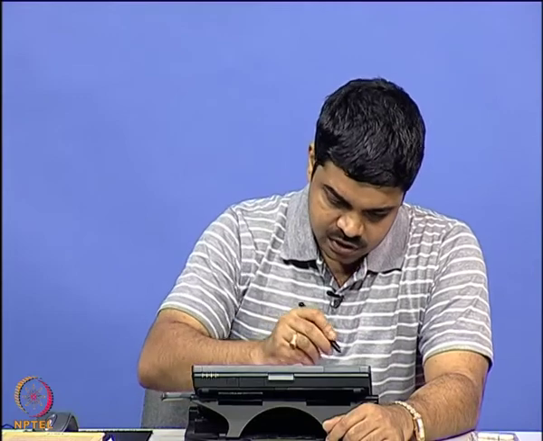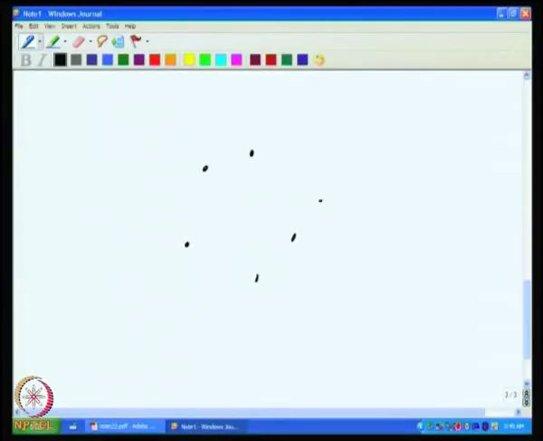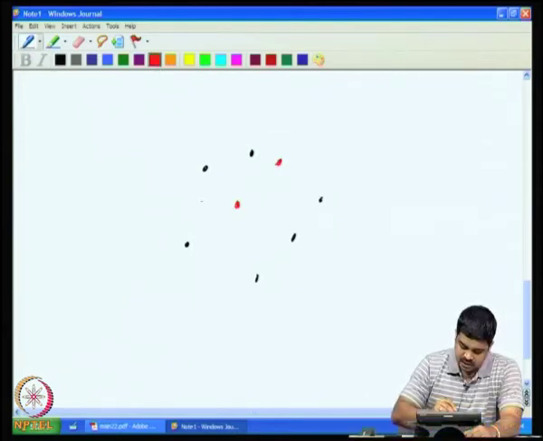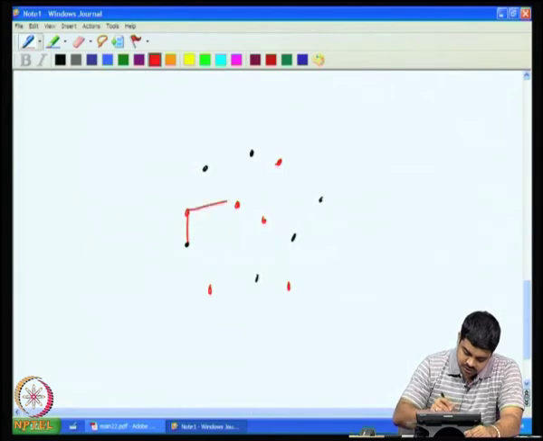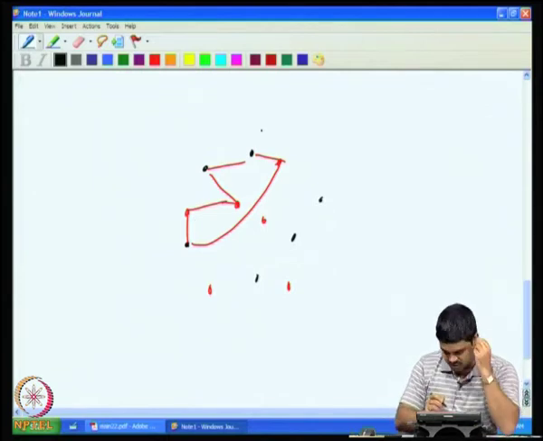For instance, if you look at two colors, say black and red, we should not see a cycle of this sort, with black, red, black, red, black, red.